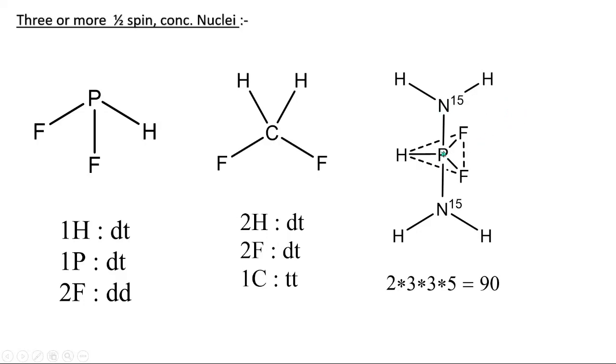So if you see the phosphorus, this will give a doublet due to hydrogen. So I have written first doublet due to this hydrogen. Now triplet for these two fluorine, because it also has a spin value half. So N plus 1 rule, 2 plus 1, 3. So that signal will split into triplet.